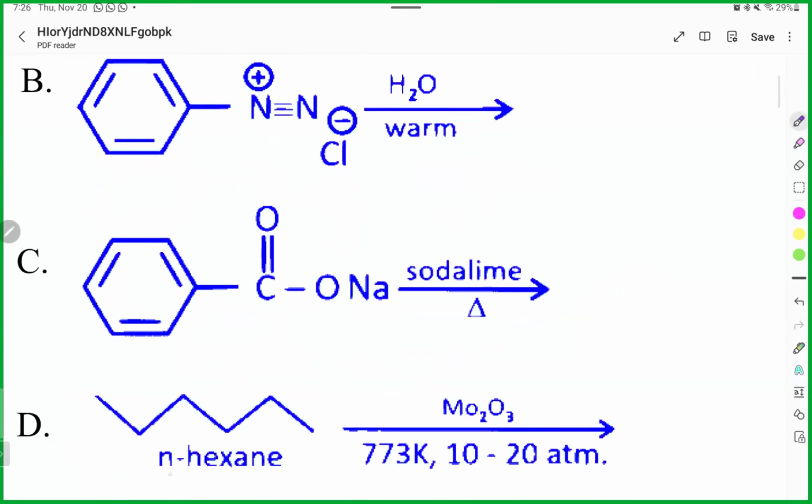Anvita, if you take a hexene in molybdenum oxide at 500 degrees Celsius temperature in this, what will be the product? Anvita, are you there? Yes, sir. So what will be the product?